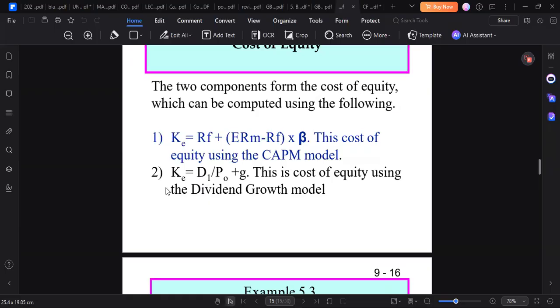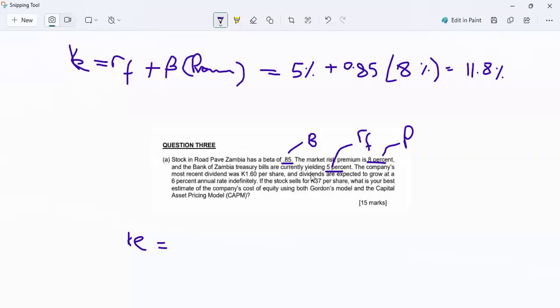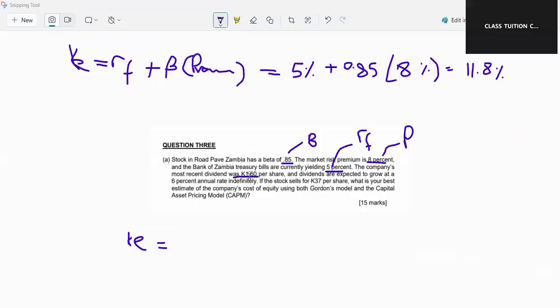So let's go now to the parameters of the data that we've been given in terms of Gordon's model. We're told that the company's most recent dividend is what? 1.60 per share. So this is our D1 or D0? Yes, D0, correct.